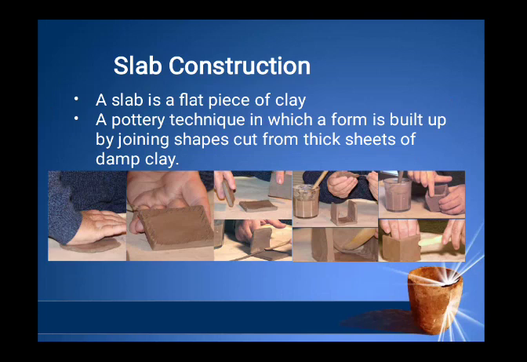Slab method. We have what we call slab method. A slab is a flat piece of clay. It's a flat rolled out piece of clay. A pottery technique in which a form is built up by joining shapes cut from thick sheets of wet clay.